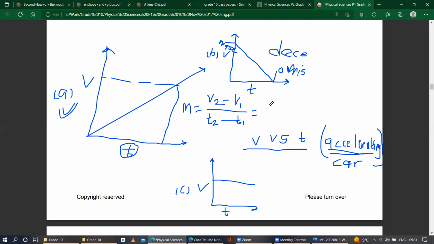That is the acceleration, because acceleration is equal to delta v divided by delta t, the change in velocity divided by the change in time. The delta is basically a sign that it's something final minus initial.